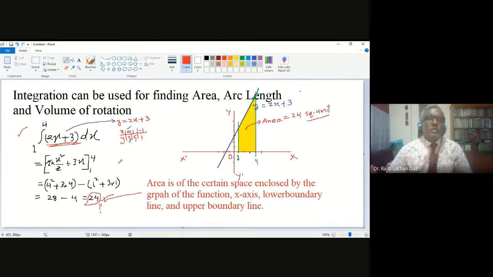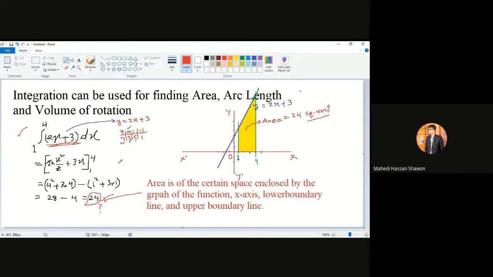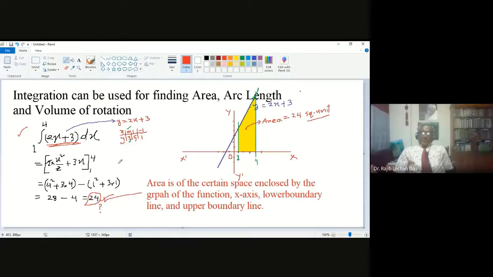Is that okay? Do you have the idea now? Yes, sir. Do we have to draw the graph? Yes, so that is another big question. Actually, in the exam, you do not need to draw the graph. So this is for your understanding. Maybe I will give you the graph.